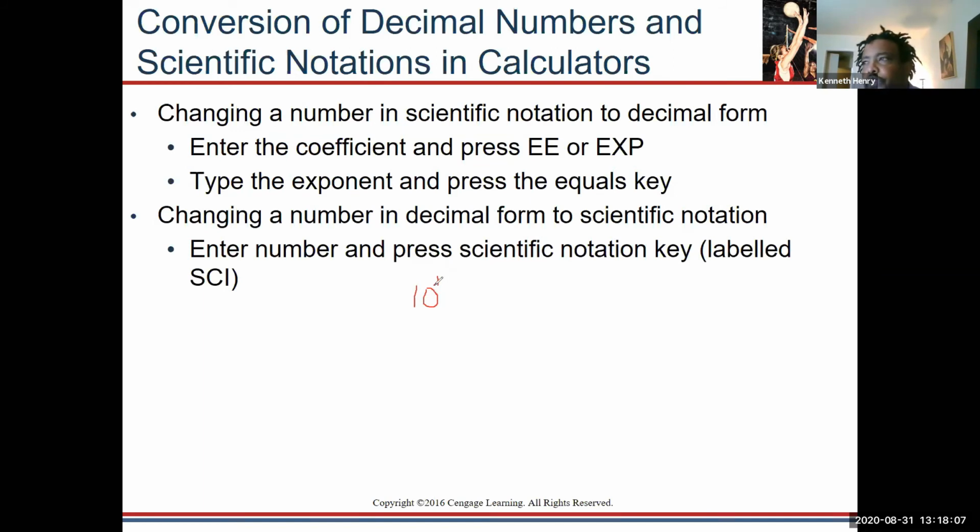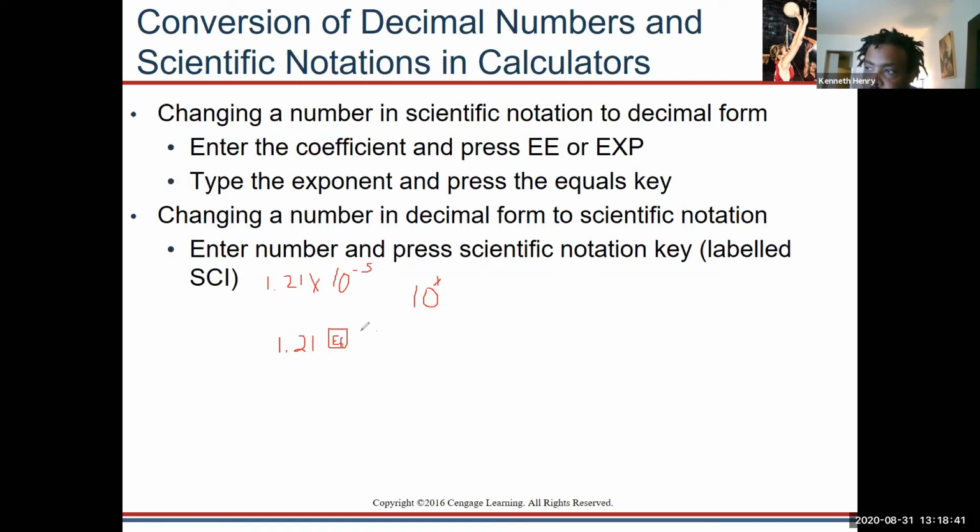Okay, so when you're entering things in your calculator, you'll enter the decimal version, or the coefficient. So if it was 1.21, then the EE button or the EXP button. Let's say it's 1.21 times 10 to the negative 5.